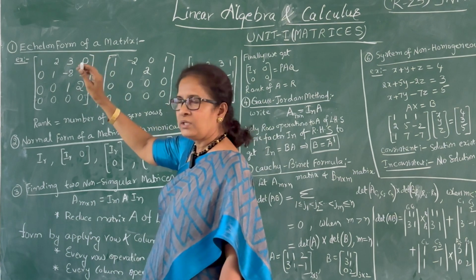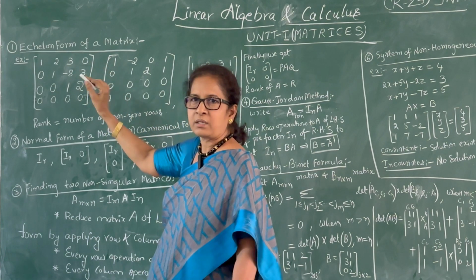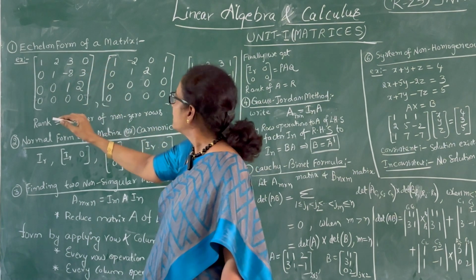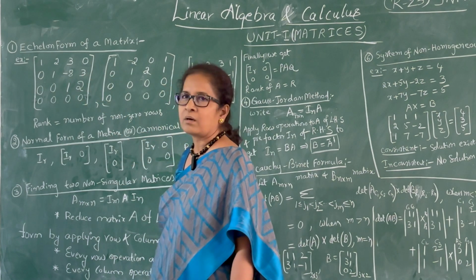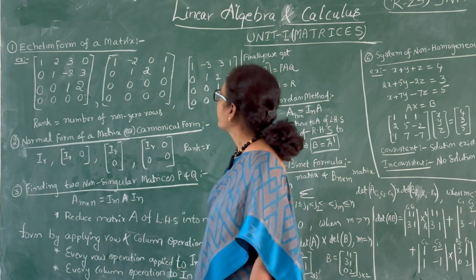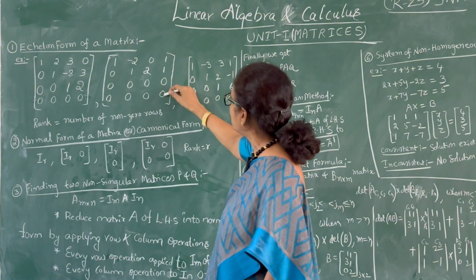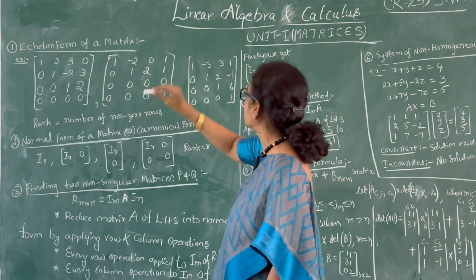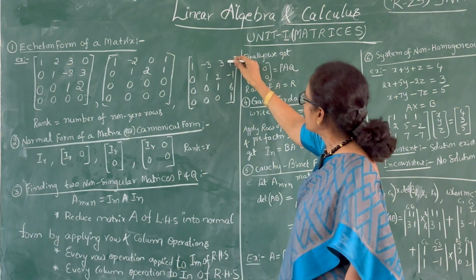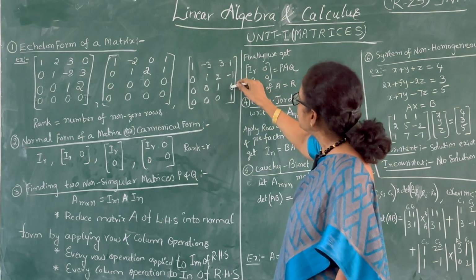In a row, if at least one non-zero element is there, that row is called non-zero row. Here we have two zero rows and two non-zero rows. Here we have four non-zero rows.